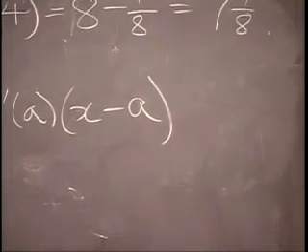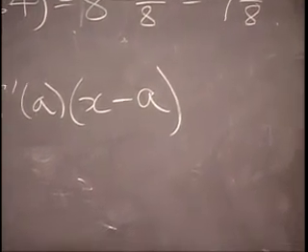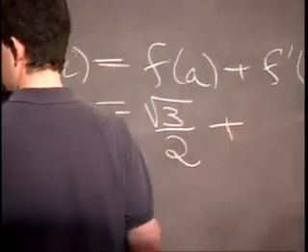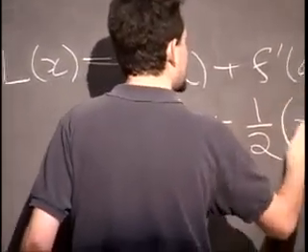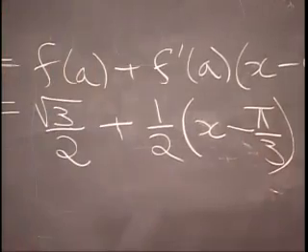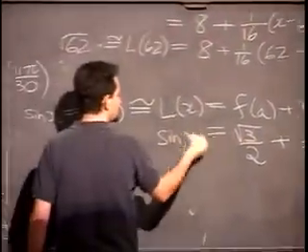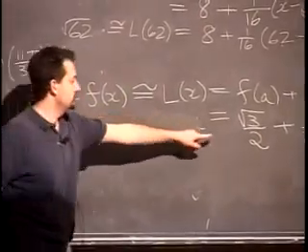So in this case, f of a is sine of pi over 3, so it's root 3 over 2, plus the derivative 1/2 times x minus a. And well, sine x is approximately equal to that.